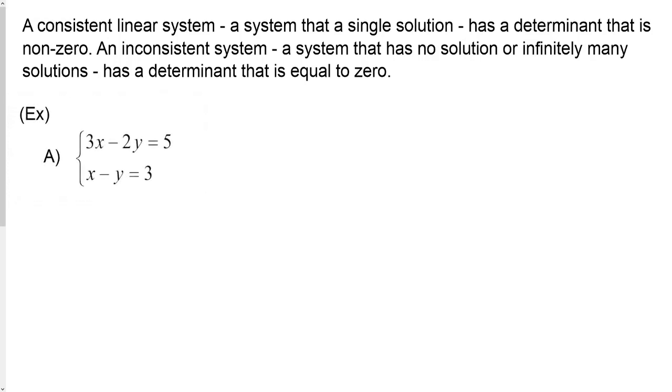Now, the corresponding matrix, if we change this into matrix form like we did using the Gauss-Jordan method, would look like 3, negative 2, and then 5, 1, negative 1, and 3.